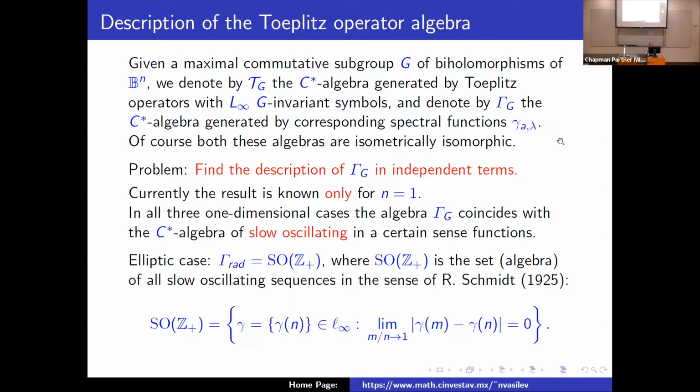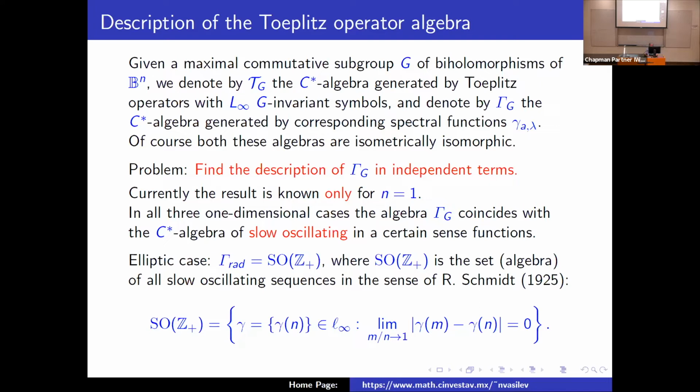And the question is, can or cannot we characterize this function algebra in some terms independent of the Toeplitz operator? So we can say we have this algebra, and this spectral function belongs to this algebra, that is, it is a spectral function for some operator from that algebra. Unfortunately, the result is known only for n equal to 1. This is a really very challenging, non-simple question.